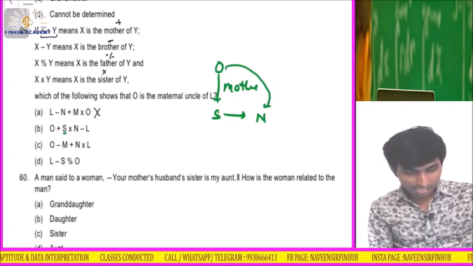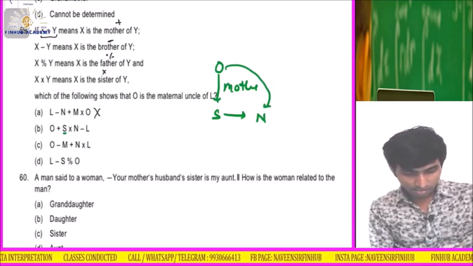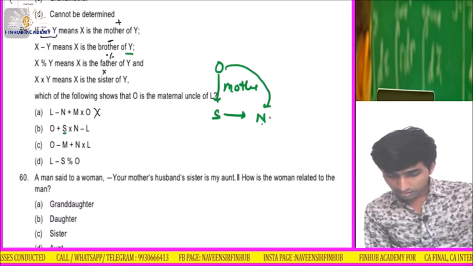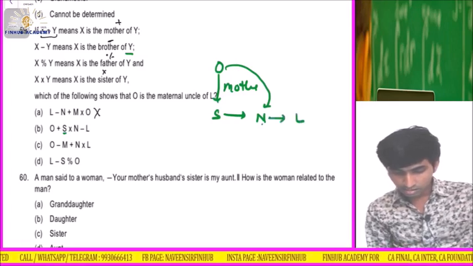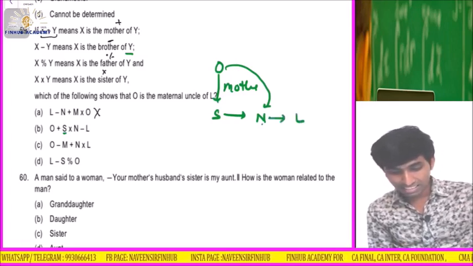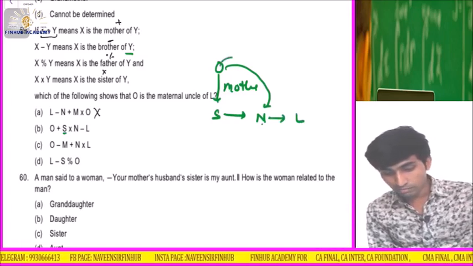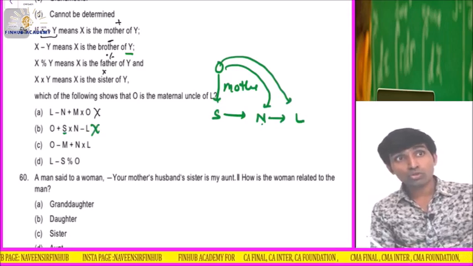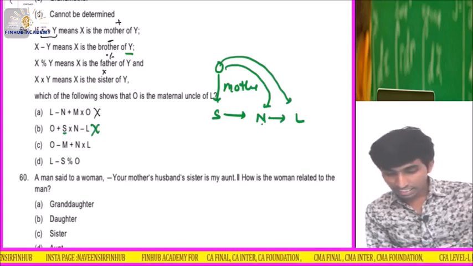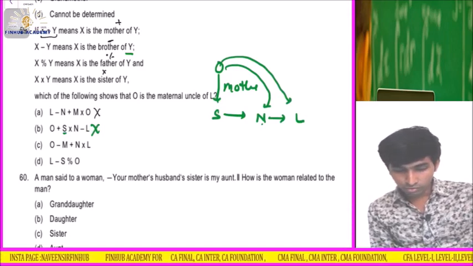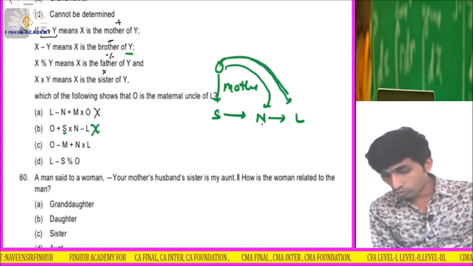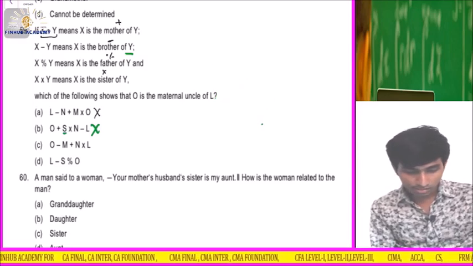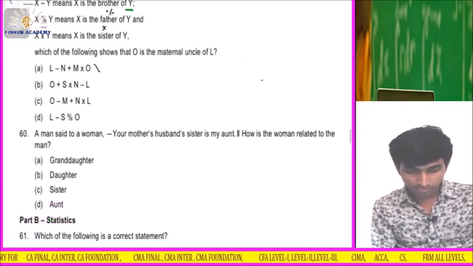N minus L means N is brother of L. So O is mother of L also. L also has a mother O because they are siblings. So this is also gone. Not this. Next, let's try.